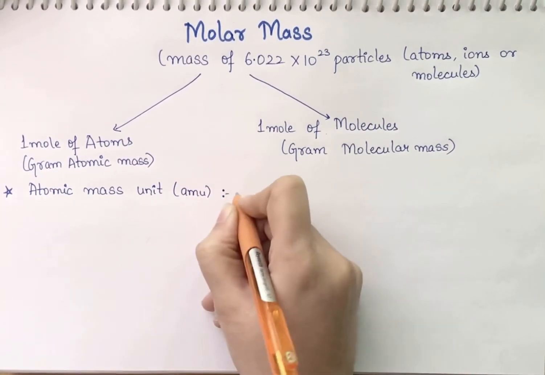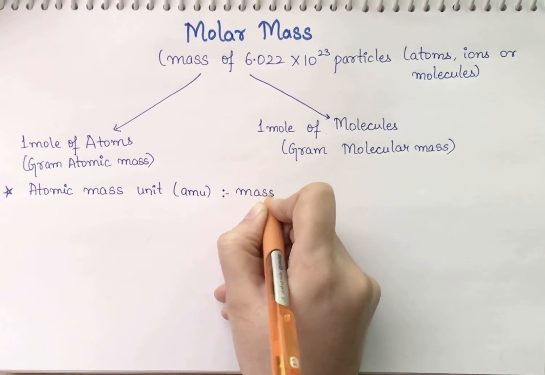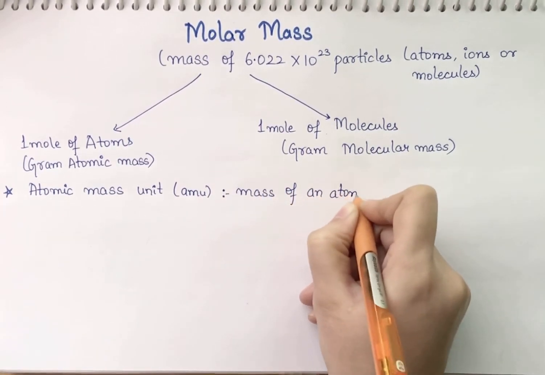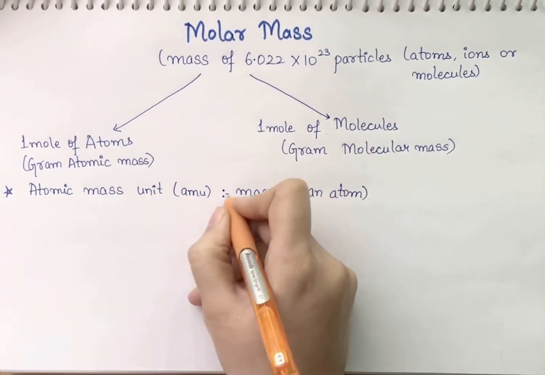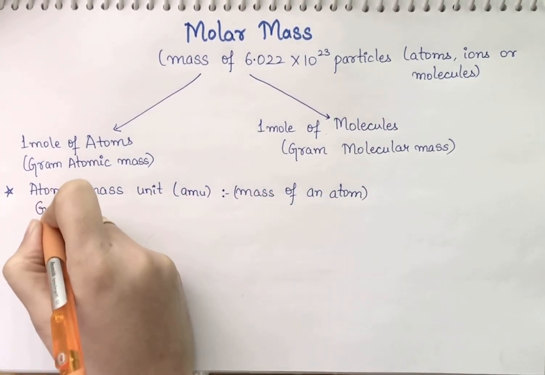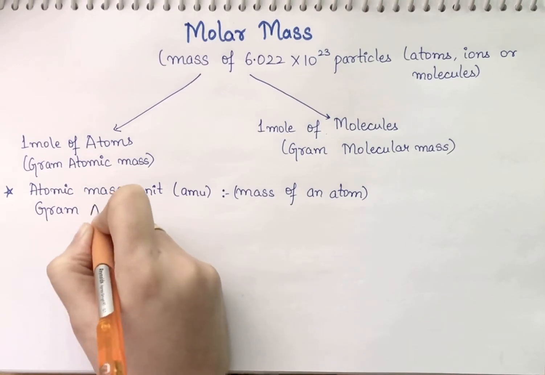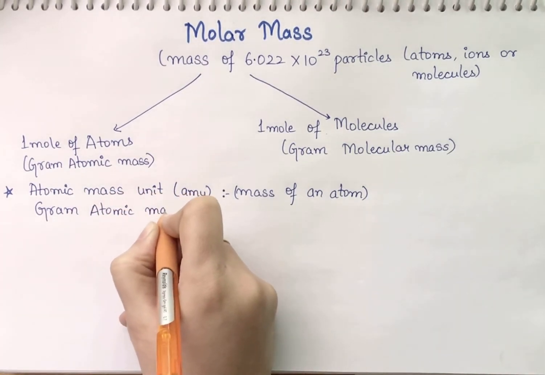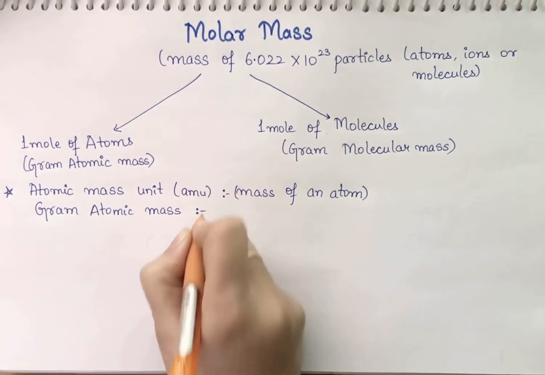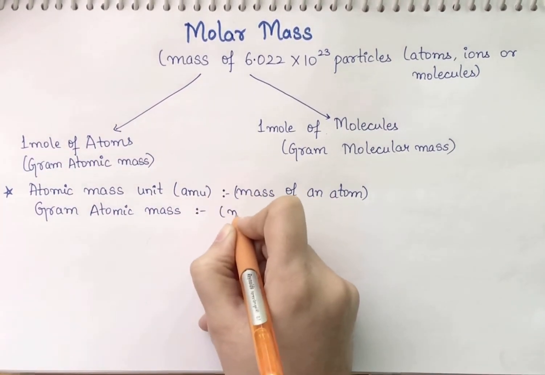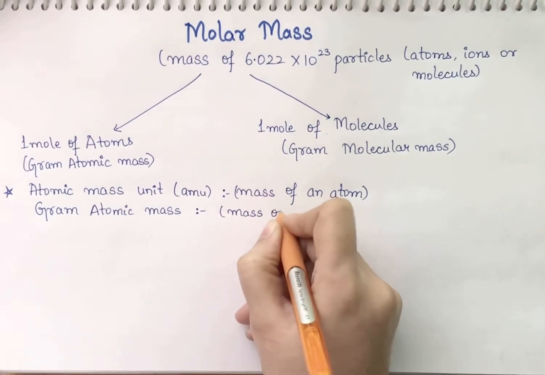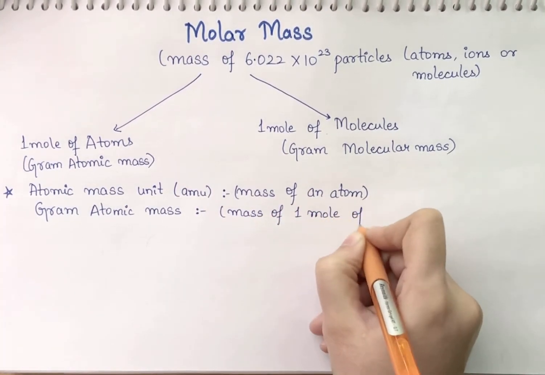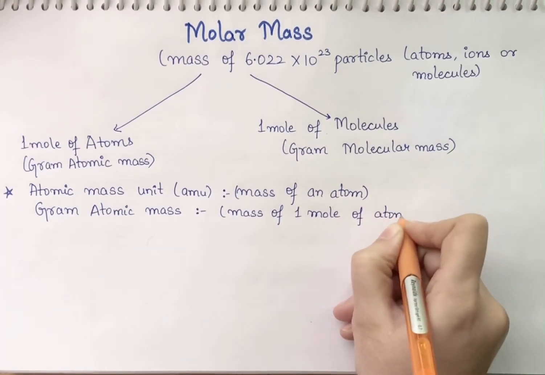It is the mass of an atom, and gram atomic mass is the mass of 1 mole of atoms.